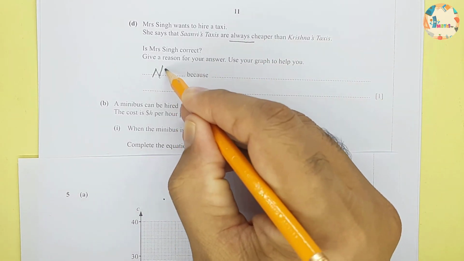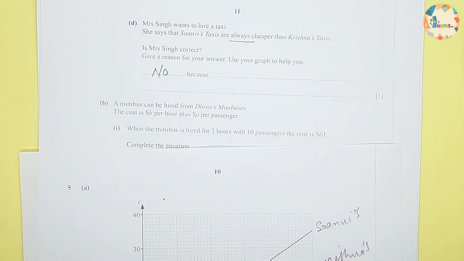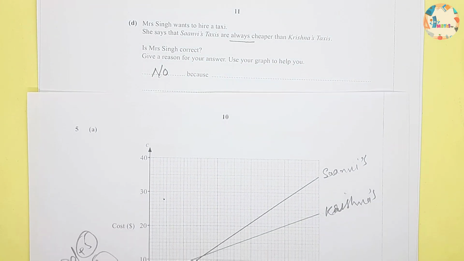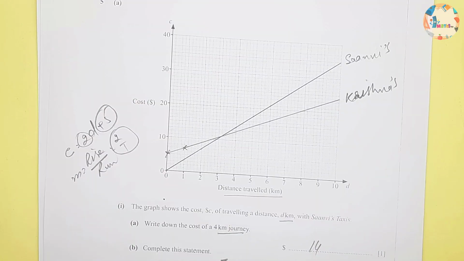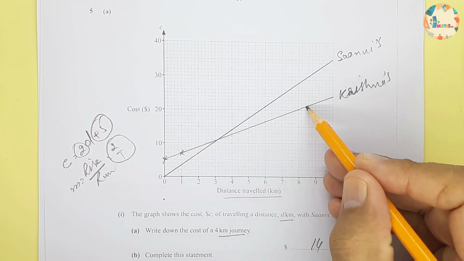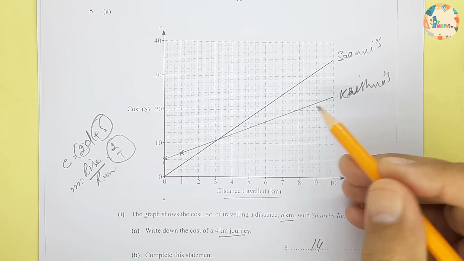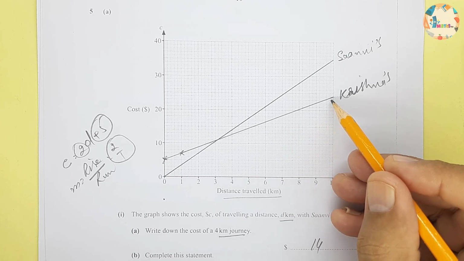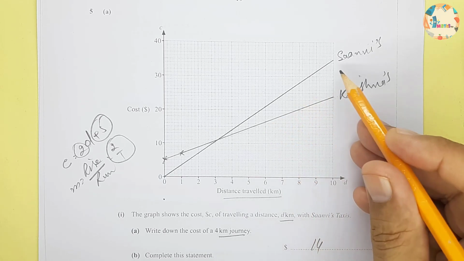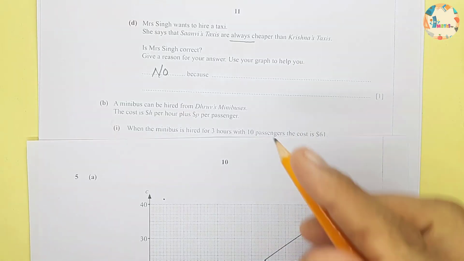So we'll say no, and the reason we'll say that is both graphs are intersecting, and Krishna's cost is cheaper for some of the portion.